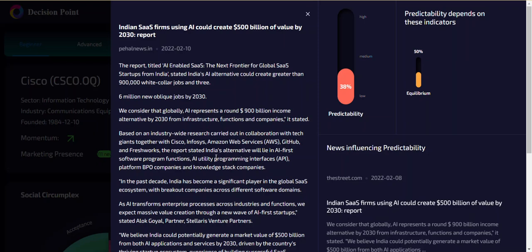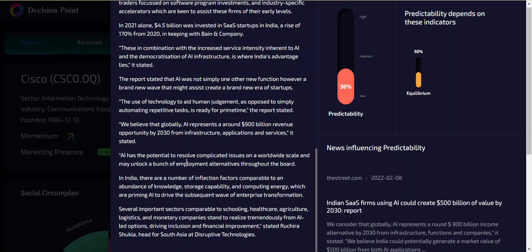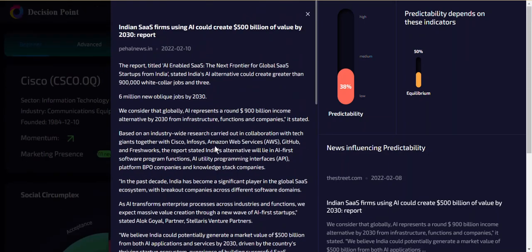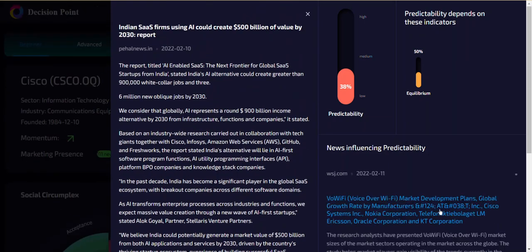The report stated India's alternative will tie in AI-first software program functions, AI utility programming, interfaces, APIs, platforms, BPO companies, and knowledge stack companies. So as you read down, you can read all of this, and you say, okay, that's where it's getting that information, and it goes on.